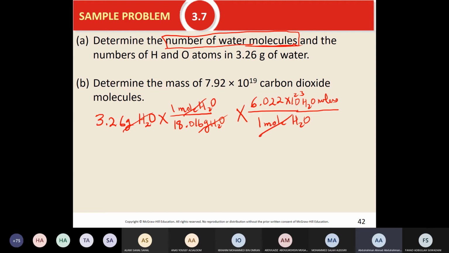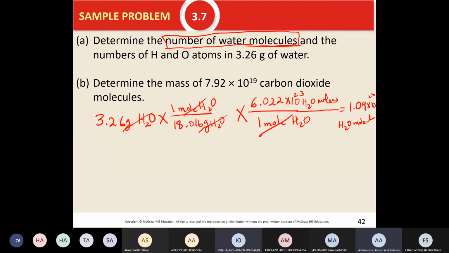And then I need the answer. 1.09 times 10 to the power 23 H2O molecules. You have to put the full name, H2O molecules. Is this clear?